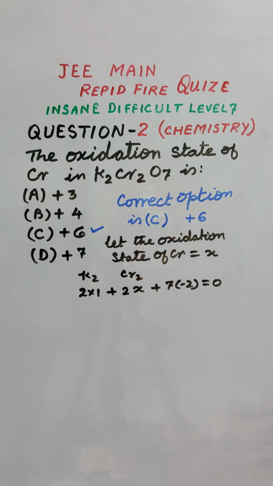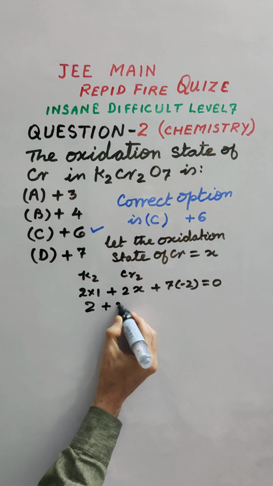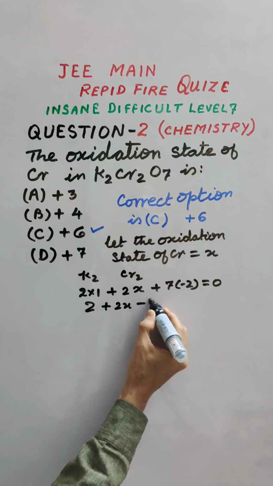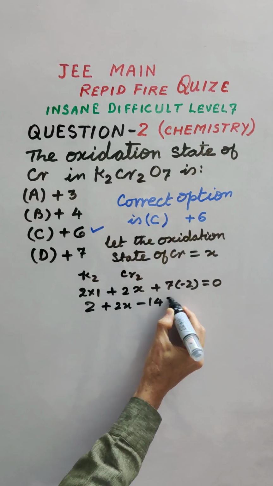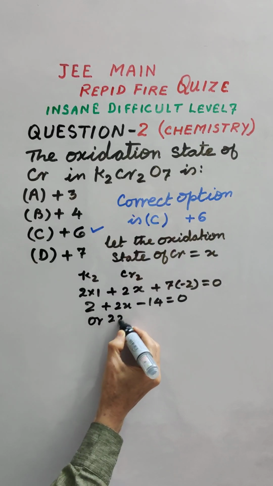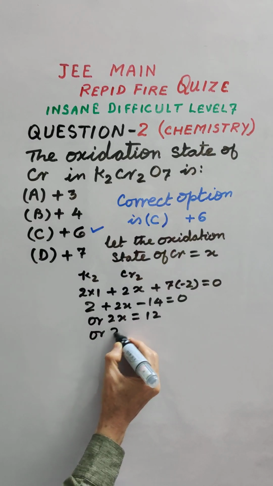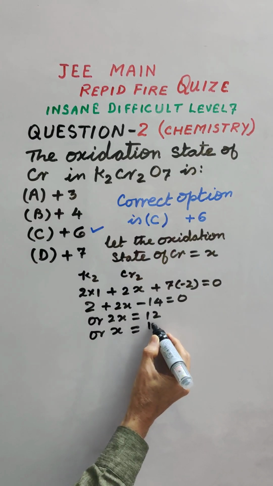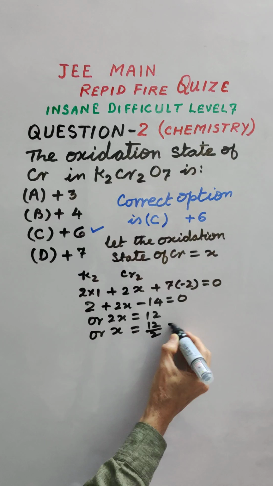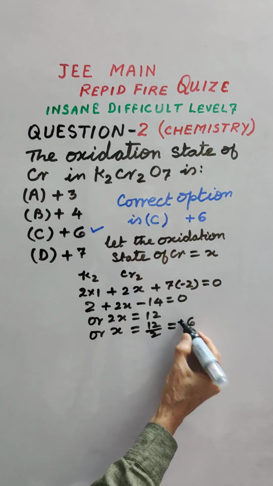So now we see the oxidation state: 2 ones are 2, plus 2x, minus 14 is equal to 0, or 2x is equal to 12, or x is equal to 12 upon 2, that is equal to 6. So the oxidation state is +6.